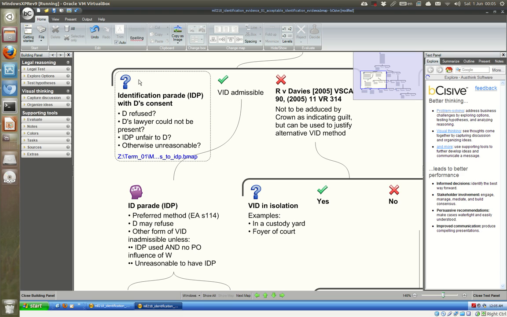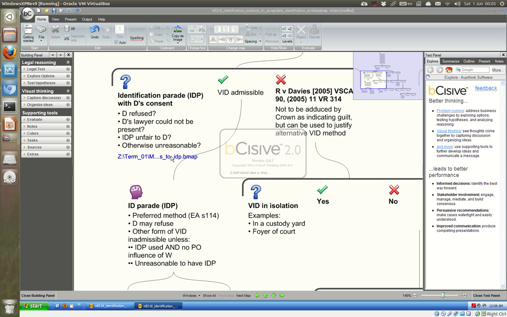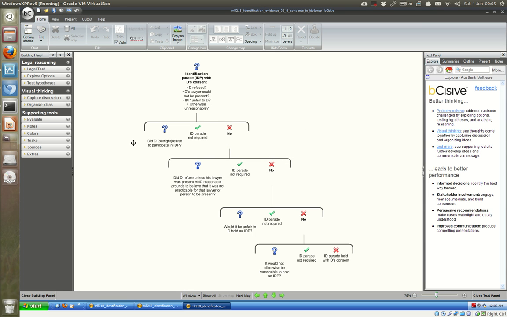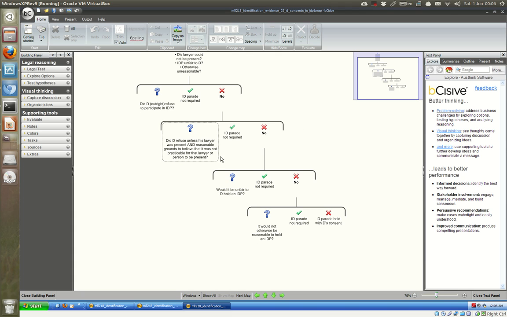So the first question to ask is whether there was an identification parade with the accused's consent. The accused does not have to consent to participating in an identification parade, and if the accused does not consent, then they can't go ahead with it. So if there are any of the following four scenarios, then the police are relieved of their obligation to hold an identification parade.